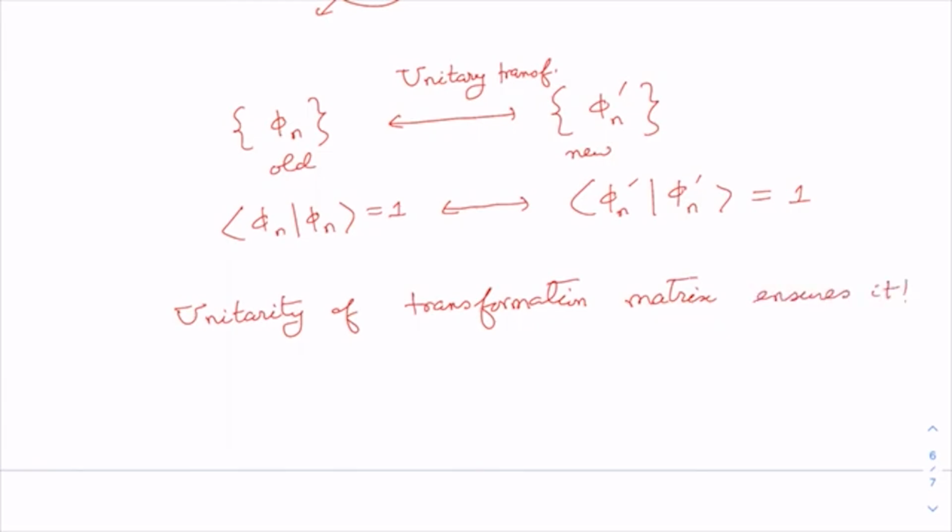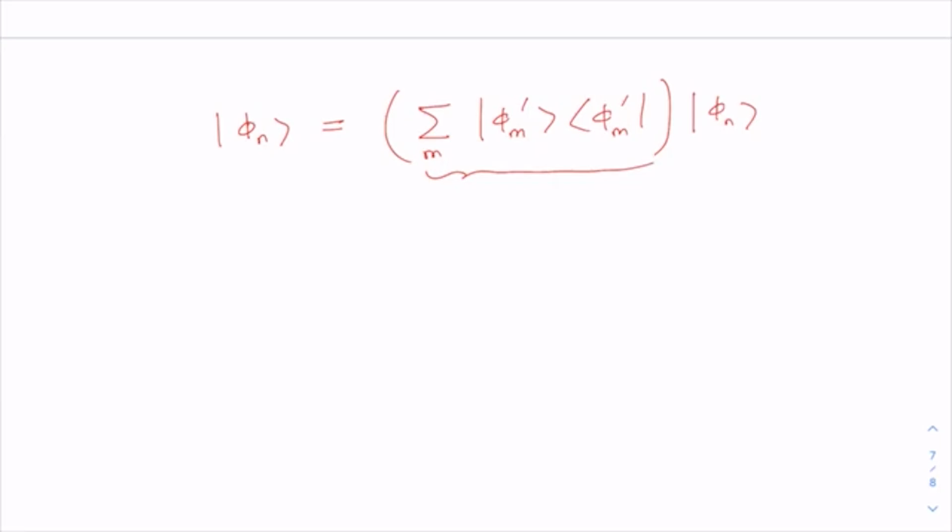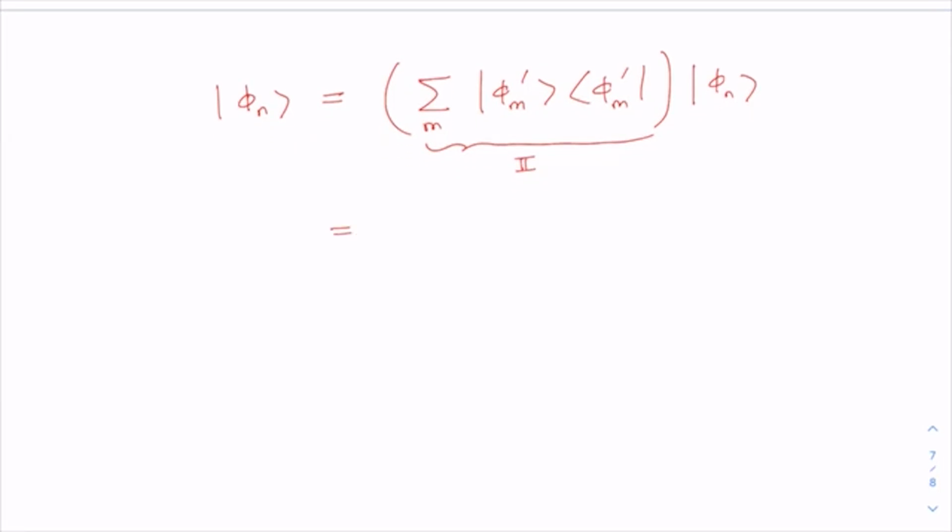Let me elaborate. Say we have this eigenstate phi n, which I can write, because of the completeness condition, in terms of the basis states phi m dash. I can always do that because I know that this is the identity operator. This I can write slightly differently.